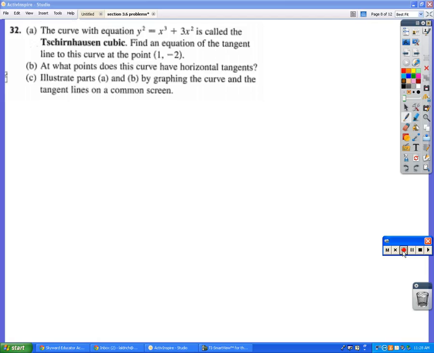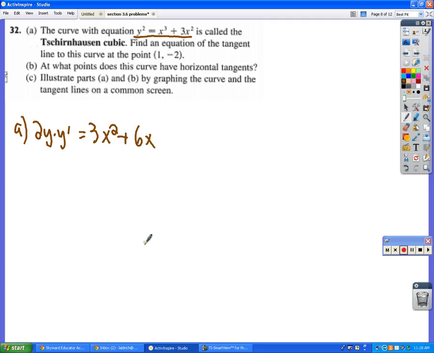Okay. Find the equation of the tangent line of this curve at the point 1, -2. So here we go again. I'm going to take the derivative. So the derivative of y squared is 2y times y prime. The derivative of x cubed is 3x squared, and the derivative of 3x squared is 6x.